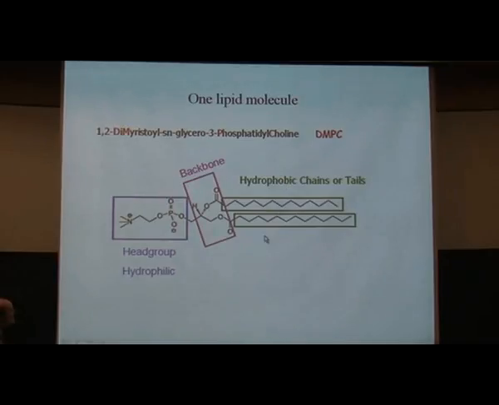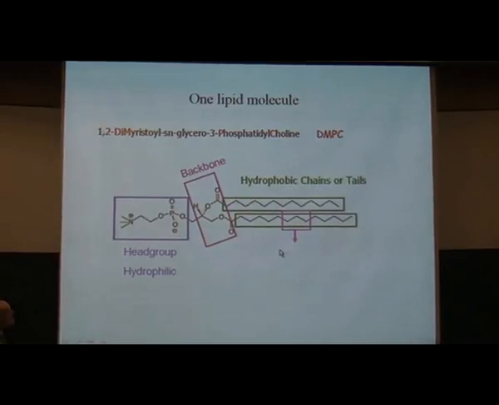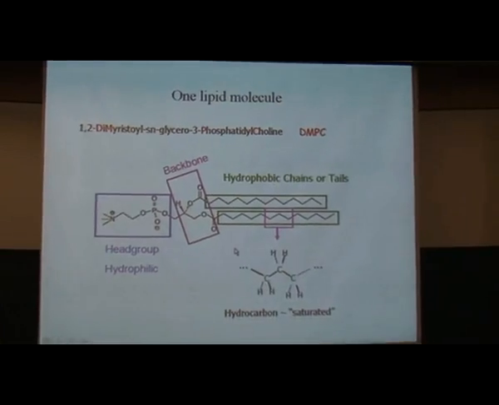Now, let's see. The next point is, for those of you who don't do organic chemistry, let me just emphasize, because I need this for later on, what this symbolism means. So I have these things here. I call them chains or tails, but I haven't told you what these are. And what they are is shown here.